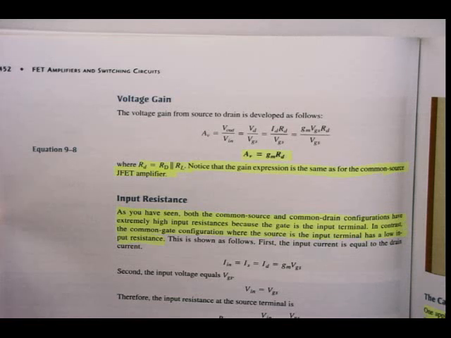Replace gm VGS RD over VGS. VGS cancels out, so the voltage gain is gm times rd, where rd, of course, is a small letter d. If there is a load resistor, it is RD in parallel with RL. And also, as I've marked there, they said, notice that the gain expression is the same for the common source JFET amplifier, if you can recall.